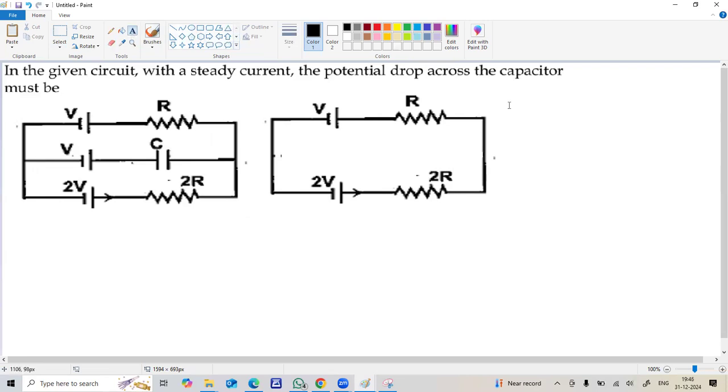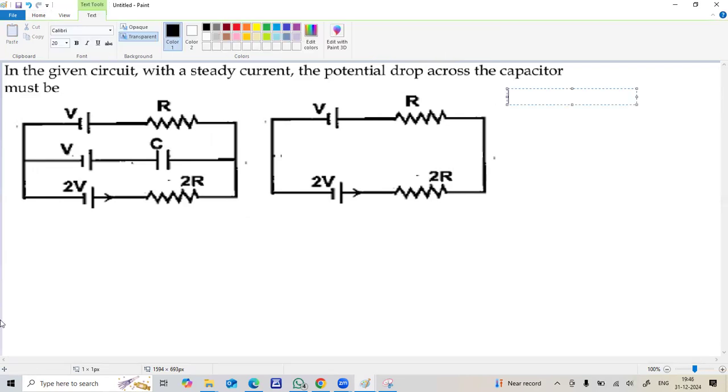The point is, in the steady state, the capacitor in a DC circuit acts as an open circuit.